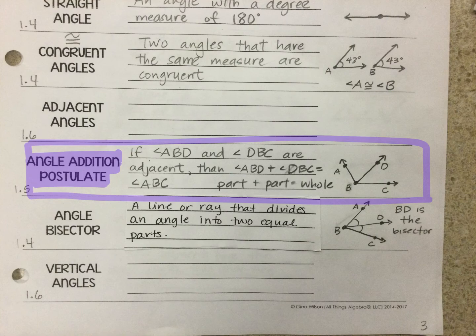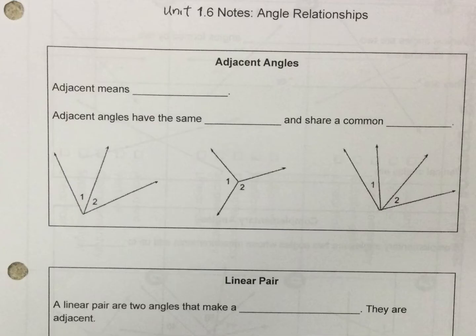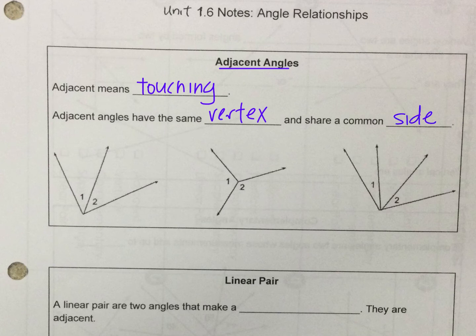We are moving along. All right, your 1-6 notes are mostly just vocabulary. So first we're going to talk about adjacent angles. The word adjacent means touching. So adjacent angles have the same vertex, which is that point, and share a common side.